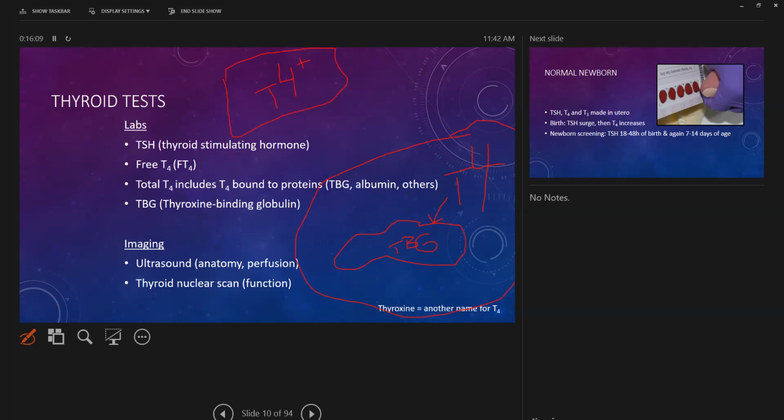And if we say total, this is total T4, free plus bound. Or we could just look at how many of this there are. We can do an ultrasound if we're concerned and we want to check the anatomy of perfusion. We can also do a thyroid nuclear scan to assess function.